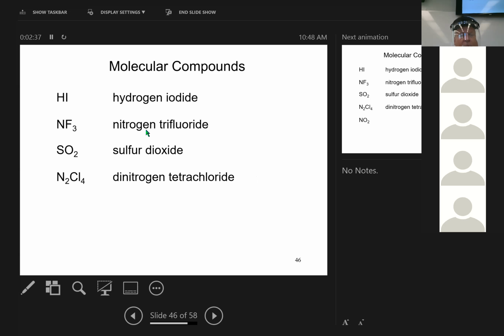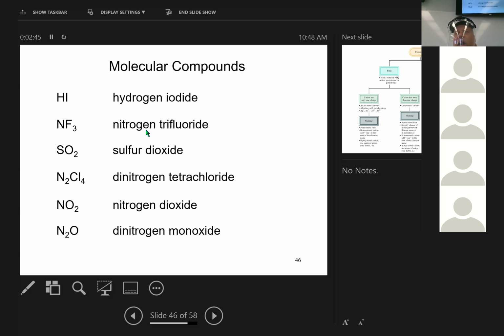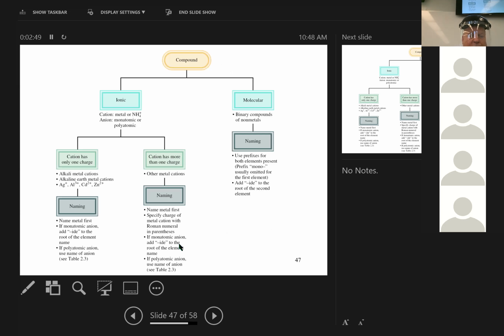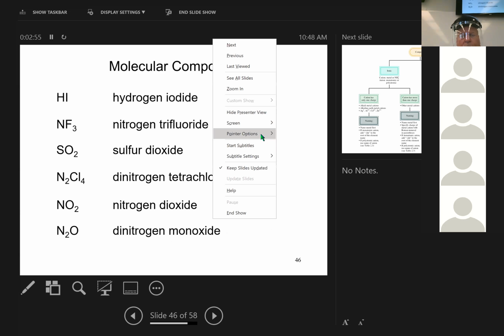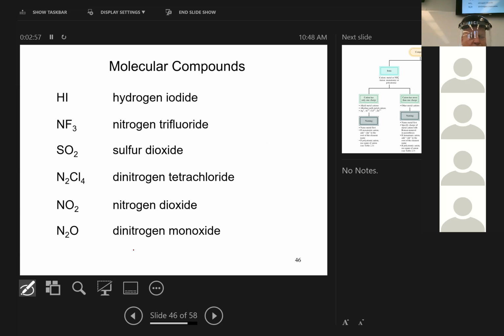Okay, and then nitrogen dioxide. Dinitrogen monoxide, this is also called, and you have heard of this, nitrous oxide or laughing gas, okay? So nitrous oxide is laughing gas.